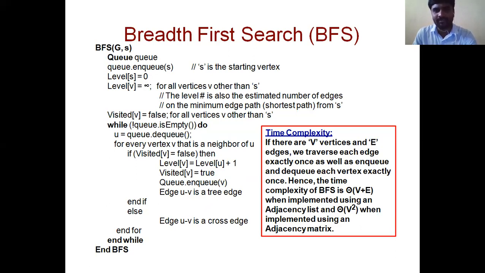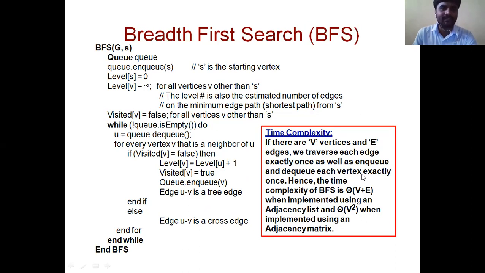What are the functions involved in this program? First, if there are V vertices and E edges, we traverse each edge exactly once, as well as enqueue and dequeue each vertex exactly once.